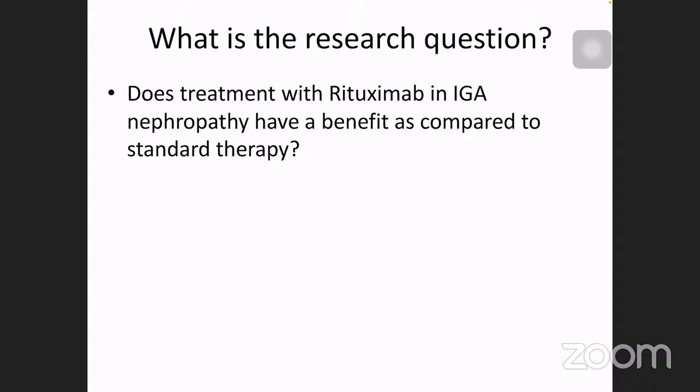I'd like to assess proteinuria at the end of my study period, and the progression to end-stage kidney disease or the rise in serum creatinine from baseline or eGFR. So these will be my primary endpoints.